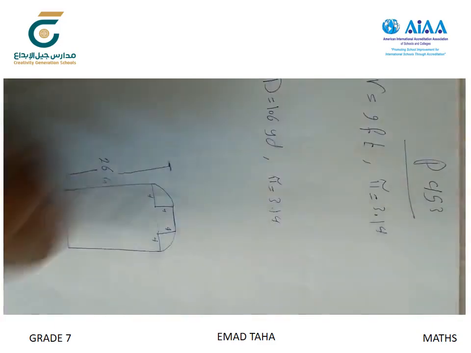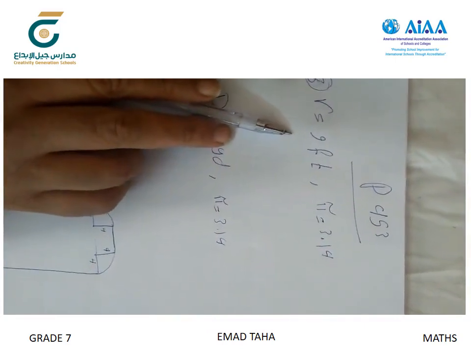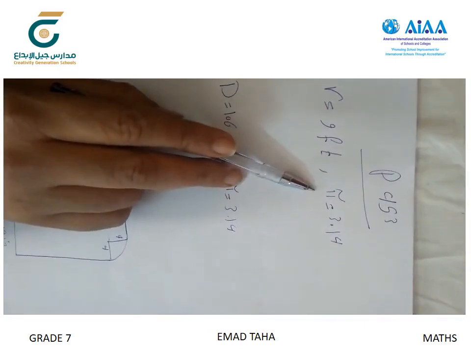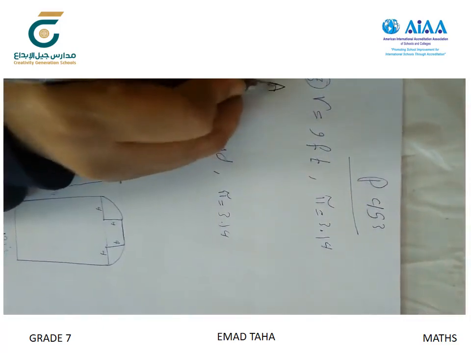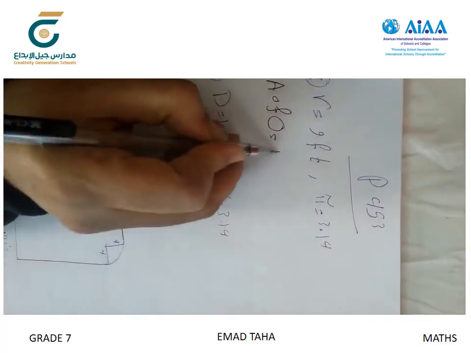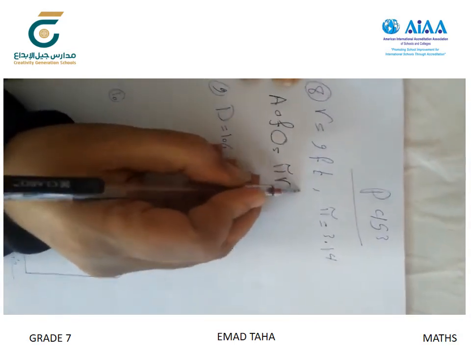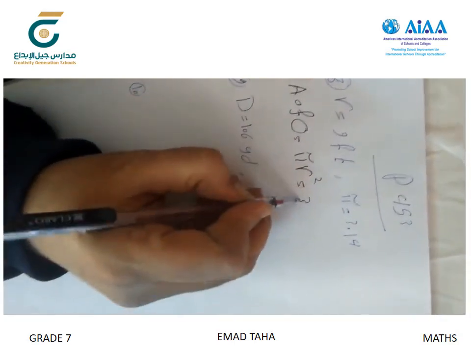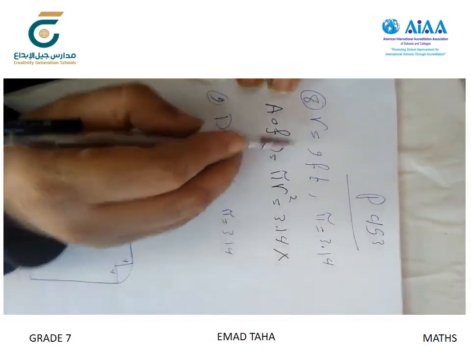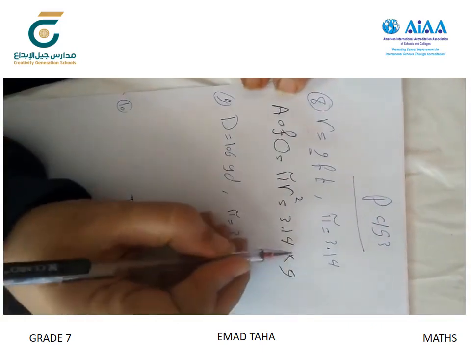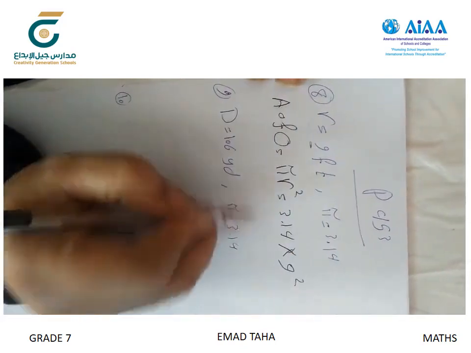In the picture, radius equals 9 feet and pi equals 3.14, and we want to find its area. Area of a circle equals pi times r squared. Pi equals 3.14 times r, the radius equals 9, so we write 9 squared.